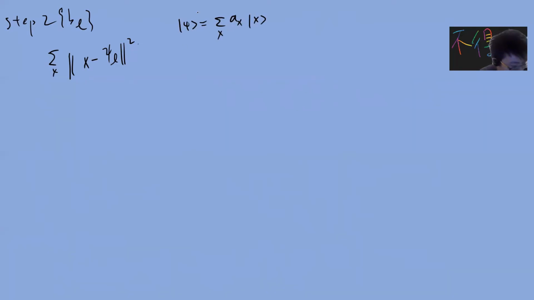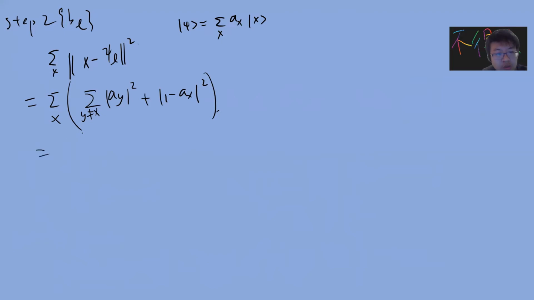For any x, one can just write x in terms of this, where only x is different. So you get the summation of a y squared plus 1 minus a x squared, where y is not the same as x. So you can make the first term, then make the second term over y not the same as x, a y squared, but add one term. So I can add, let's say, a x squared.